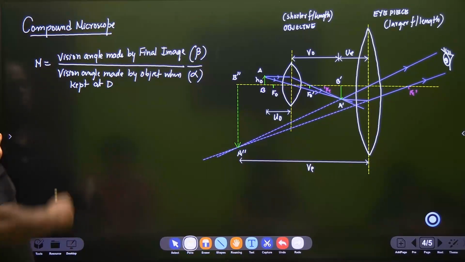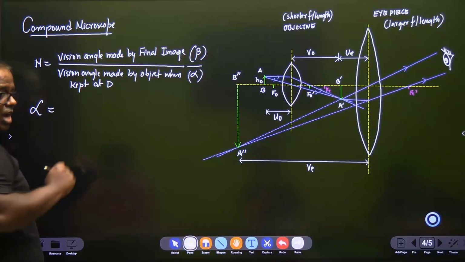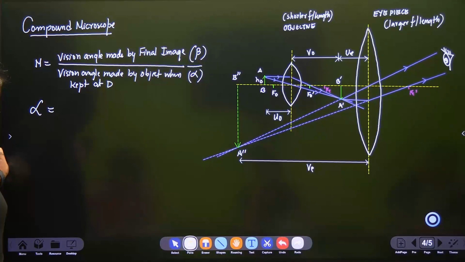Alpha, there will never be any change, so the alpha remains same. Alpha, can you see alpha by your eyes closed? HO, and there is a what do you call object distance, which is D, right?